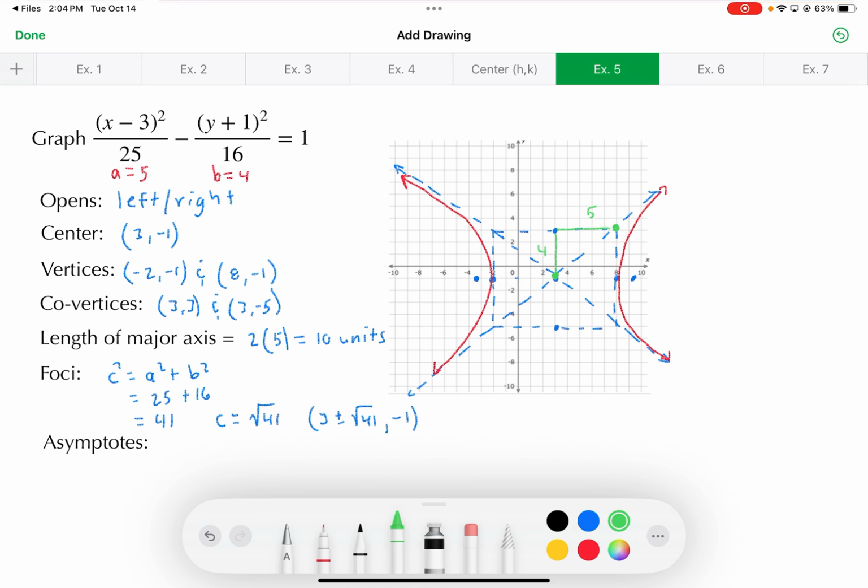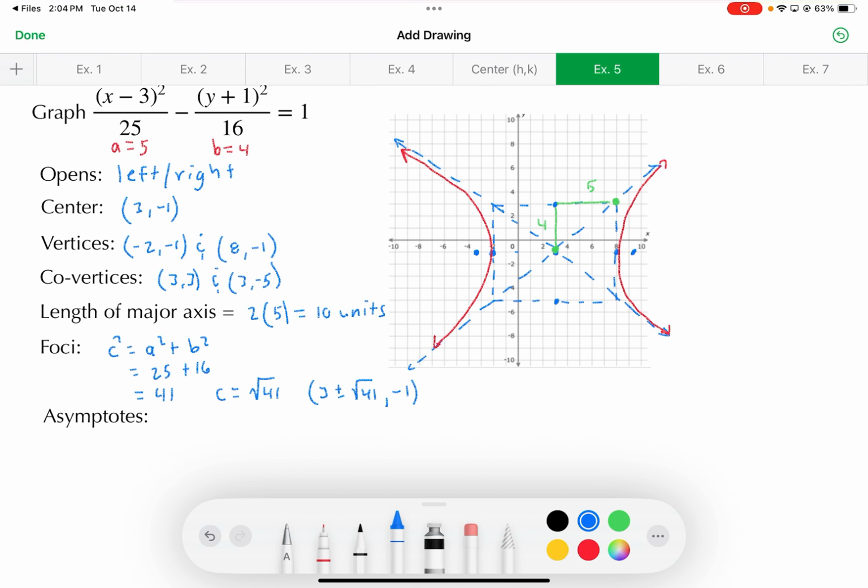So the slope of that is 4/5. The slope of the other one would be negative 4/5. And now account for we're passing through that center of 3, negative 1. That means the equation would be y plus 1 equals plus or minus 4/5 times x minus 3.